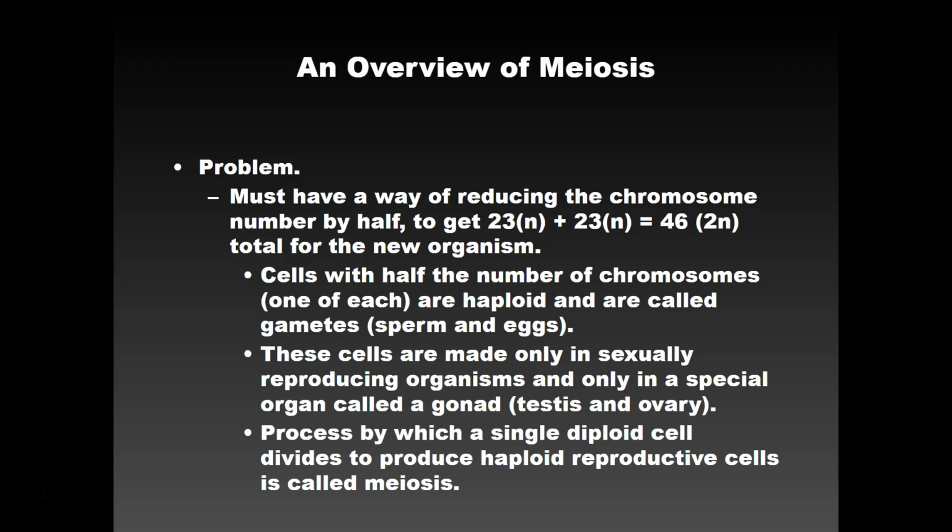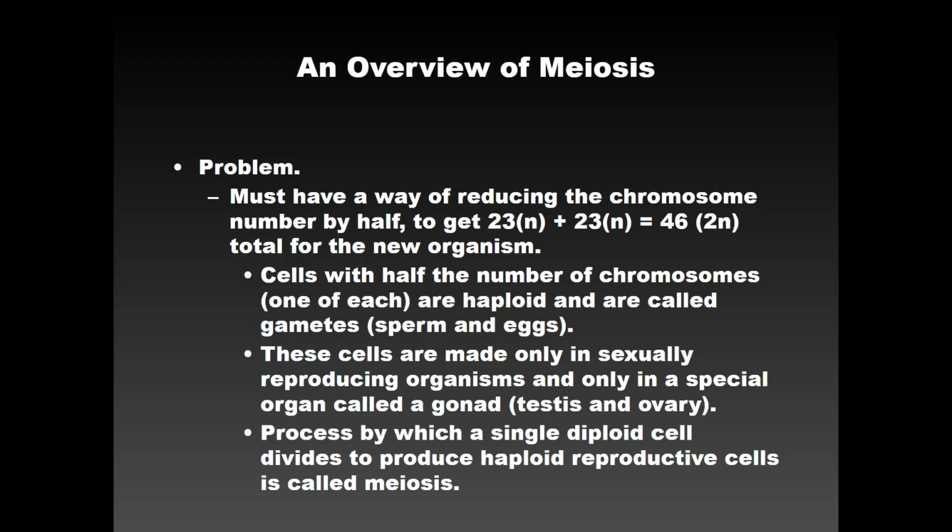Those cells are made only by sexually reproducing organisms, and only in a special organ called the gonads. We're going to learn later on about different organisms that use different strategies other than sexual reproduction to reproduce. We already learned about one. We learned about the binary fission of bacteria. And the process by which a single diploid cell divides to produce haploid reproductive cells is meiosis, like I've been saying.